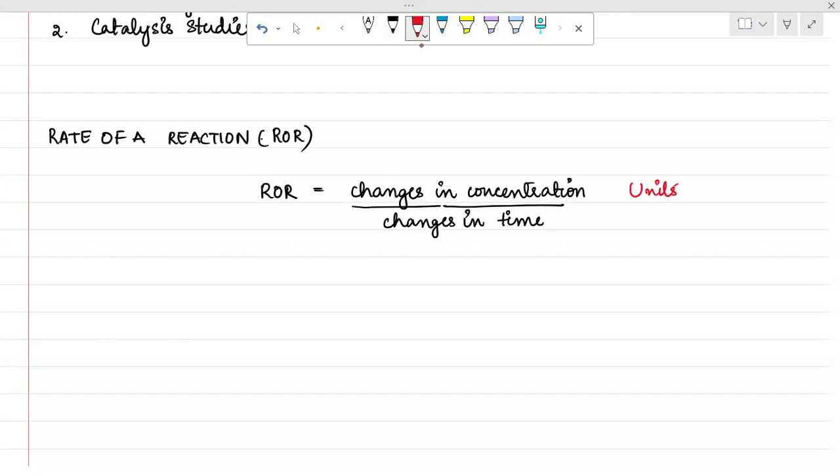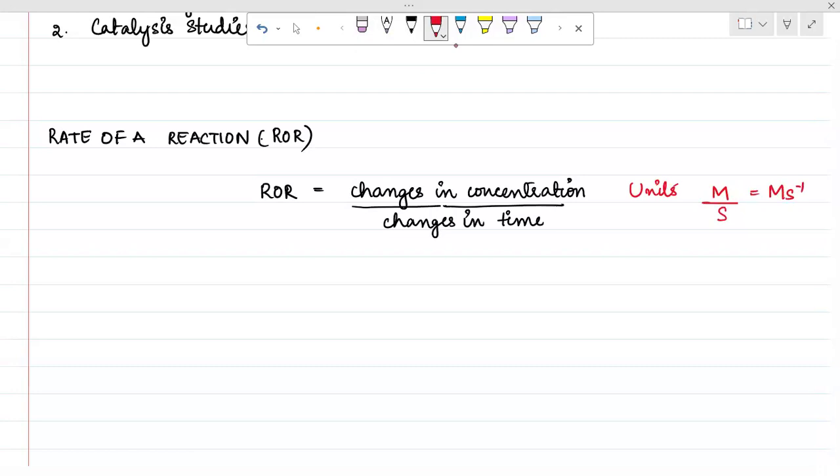Okay. Concentrations are usually written in molar. So changes in concentrations is going to be molar, changes in time per second. Correct? It is molar by second. Changes in concentrations in molar by changes in time, seconds, which means molar per second.